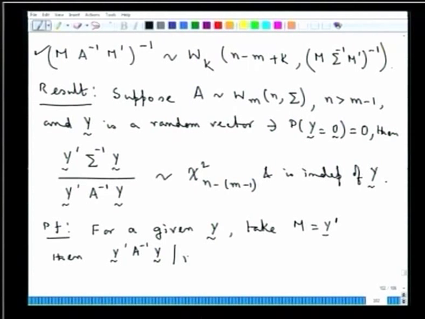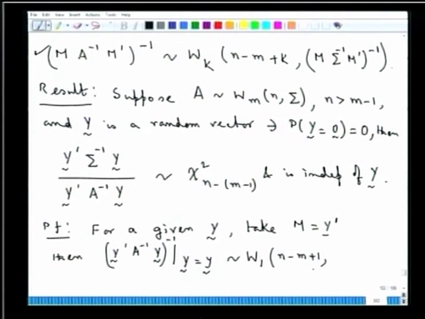So for a given y equal to small y, the distribution of the inverse of this quantity will follow a Wishart distribution. With what dimensionality? K is the dimensionality associated with the M matrix. Now y transpose is taking its place, and hence the dimensionality of the Wishart distribution is equal to 1. What is going to be the degrees of freedom? It's going to be n minus m plus k, so this is n minus m plus 1.